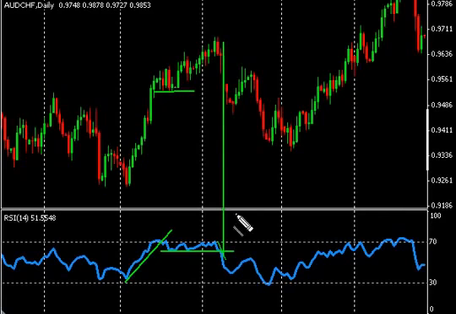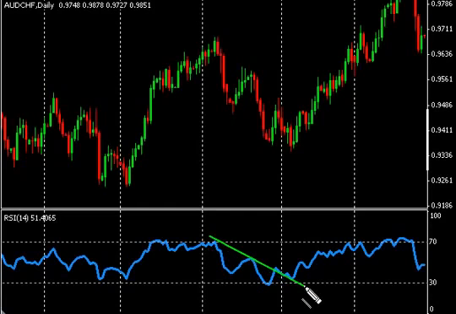Again, if you're looking for long positions, when is the trend line broken significantly? It'd be nice to see the indicator go up and come back down, and then you can actually form divergence. Here we have clear divergence with a trend line break.